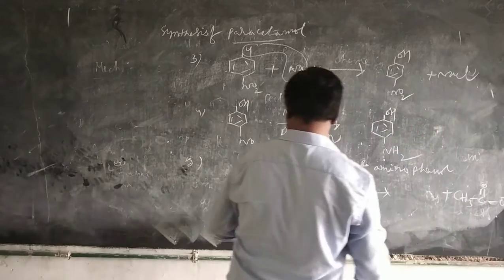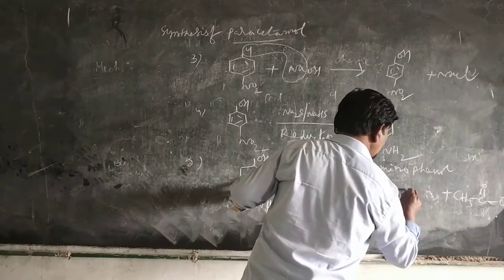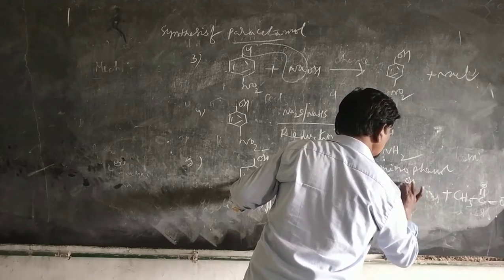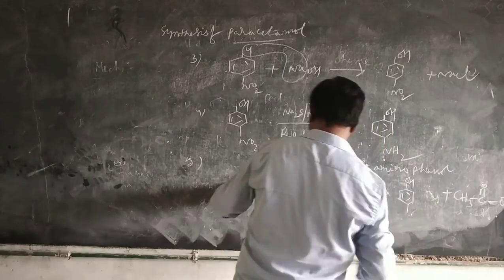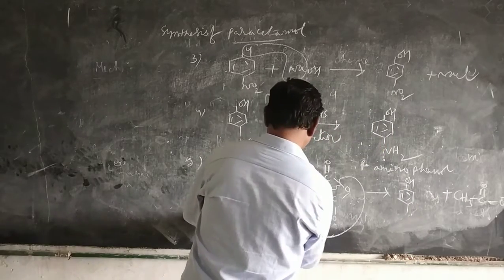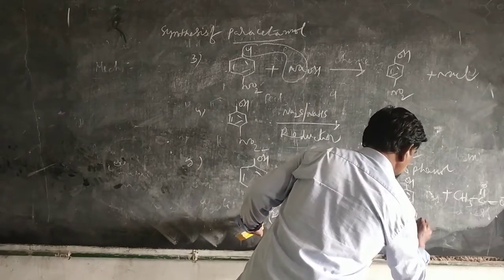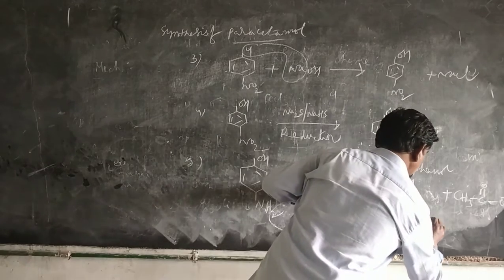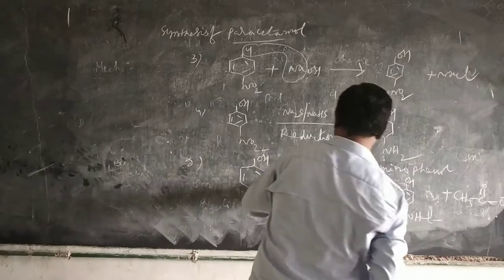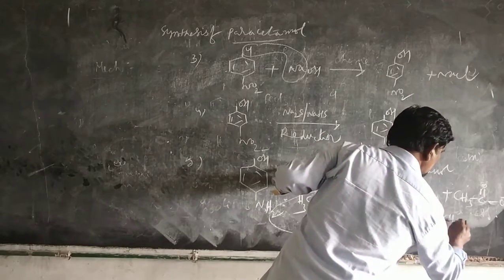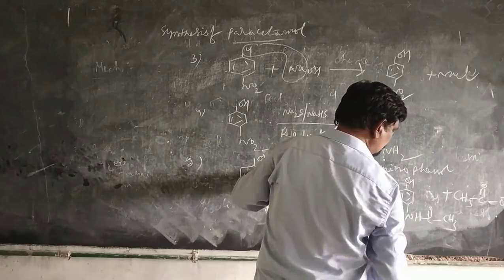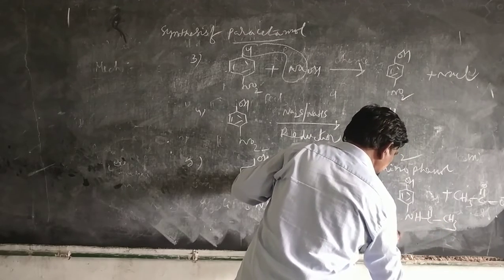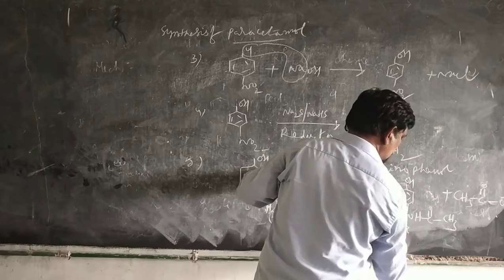The remaining benzene ring is connected to the OH group, the remaining portion NH, and C double bond O and CH3. So at the para position, para CH3CO, para acetyl amino phenol.